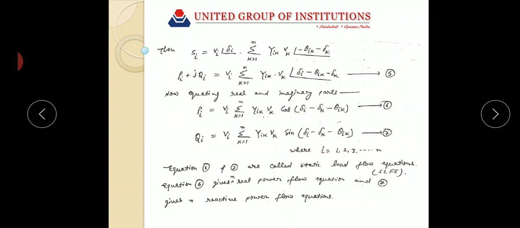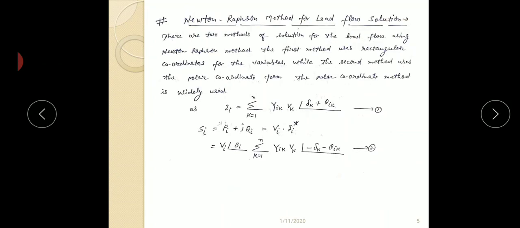Equations 6 and 7 are called the static load flow equations, SLFE, where 6 is Pi, the real power flow, and 7 is Qi, the reactive power flow. And equation number 5 is the complex power in polar form. So rectangular form and polar form, there are two forms available.